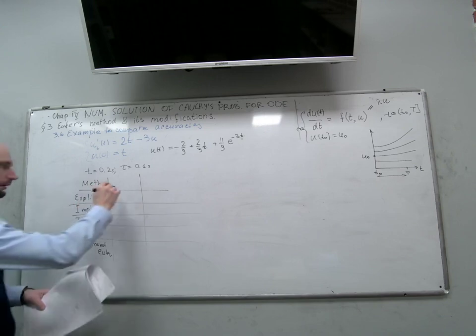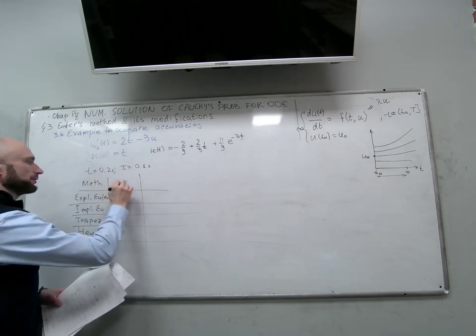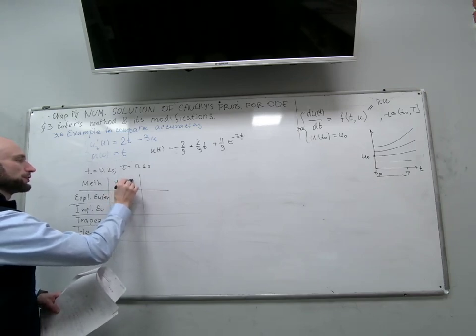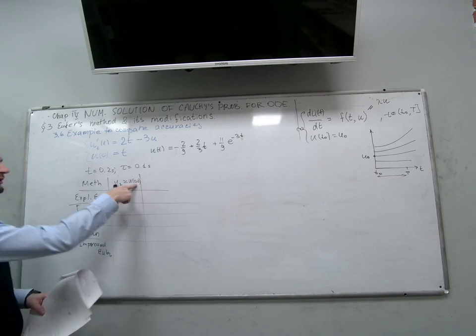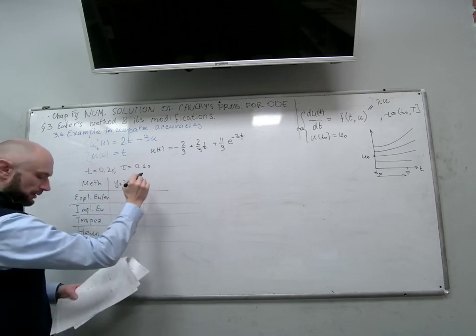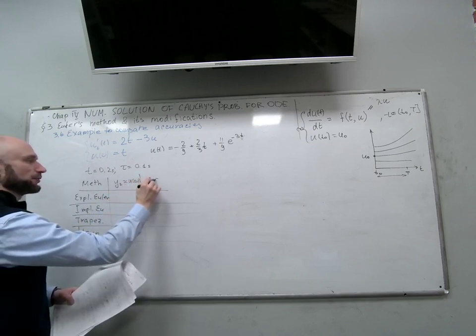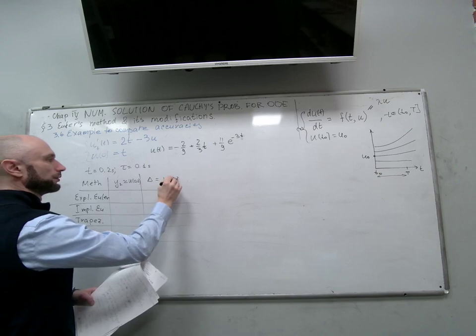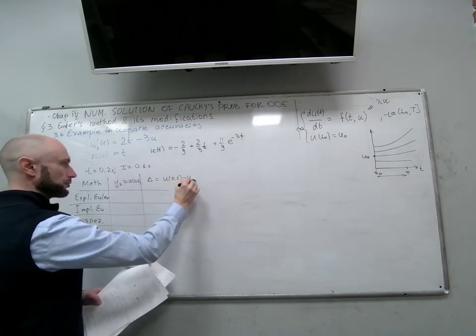Okay, so approximate solution, which approximates the exact solution at this time point, and this is the delta between the approximate solution and the exact, u minus u exact.